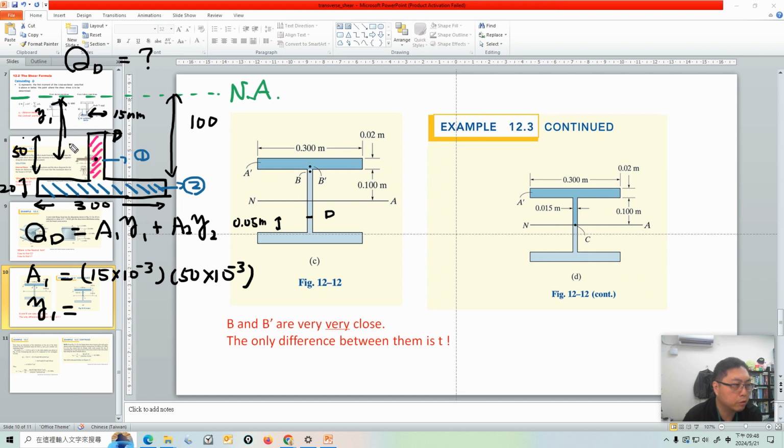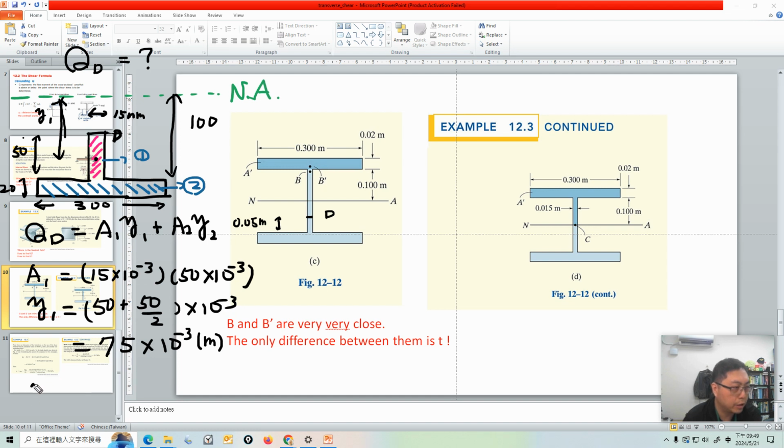This is the centroid of the pink area, so it's (50 plus 50) divided by 2, times 10 to the power minus 3, which is equal to 75 times 10 to the power minus 3 meter. So that's the white one.